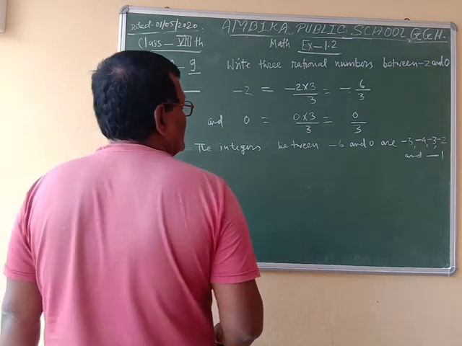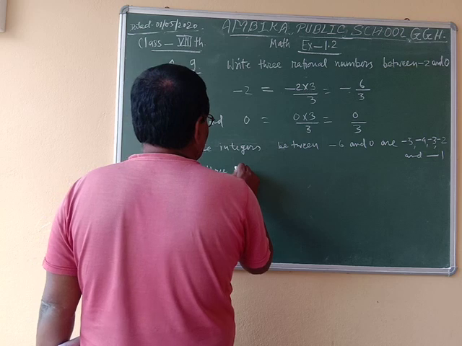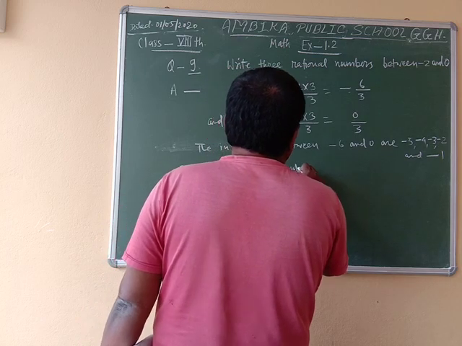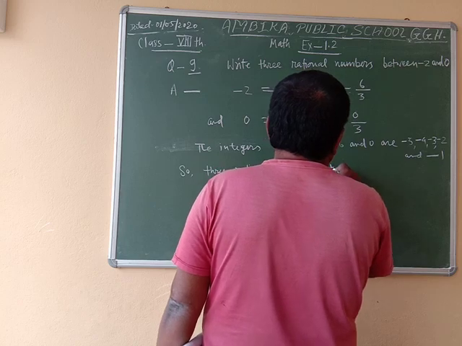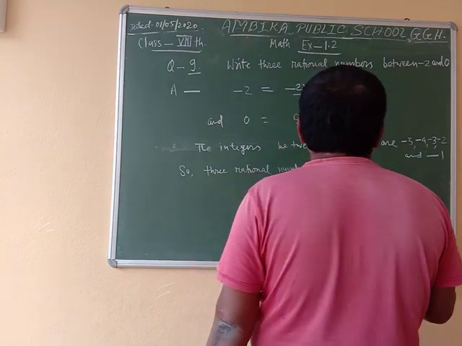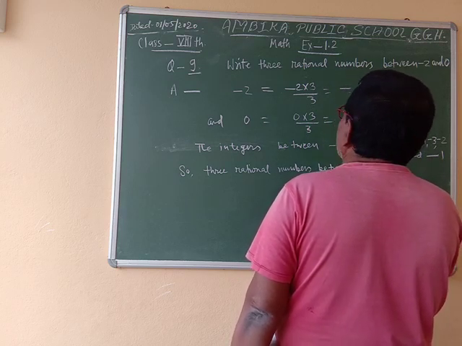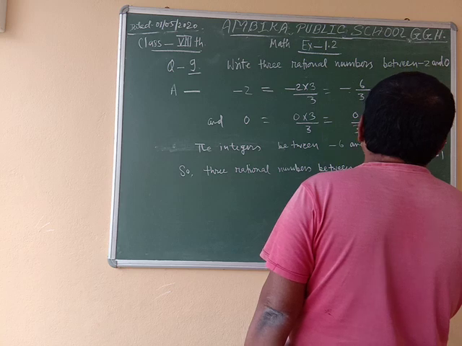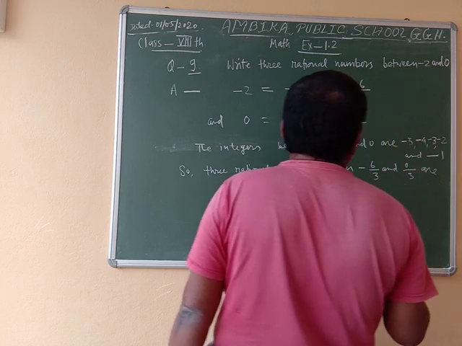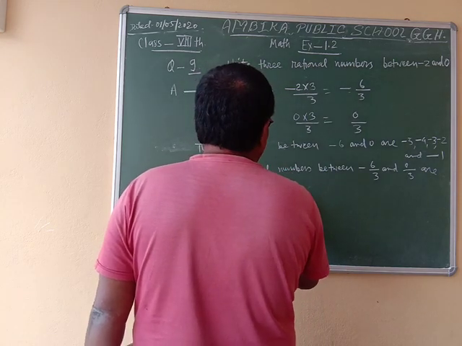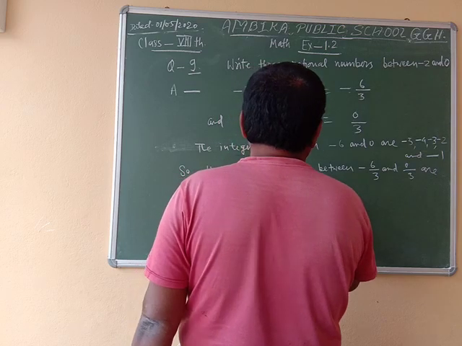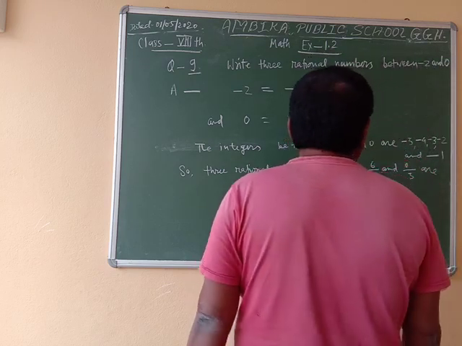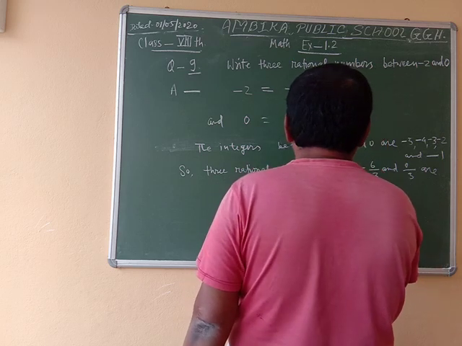So three rational numbers between -6/3 and 0/3 are -5/3, -4/3, -2/3.